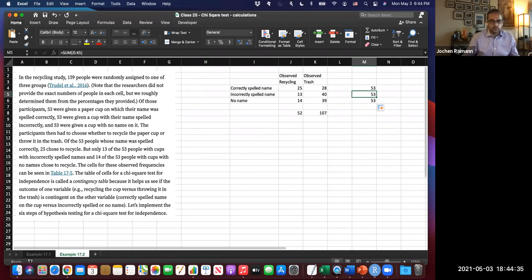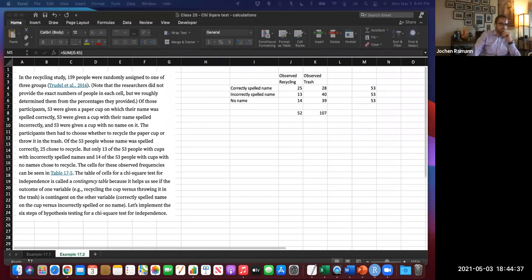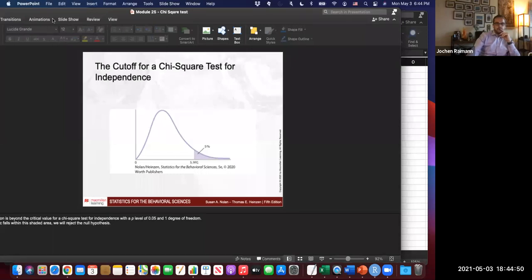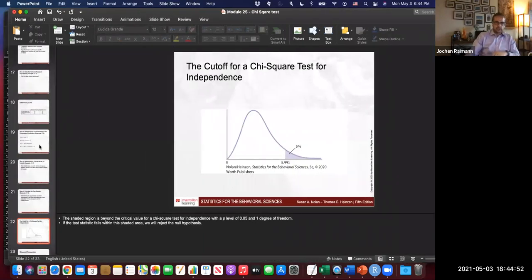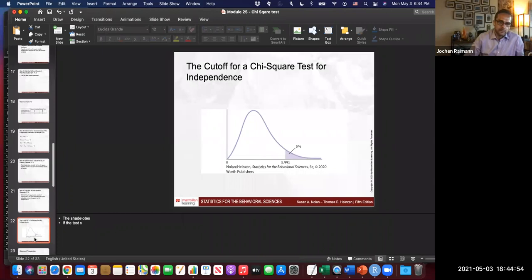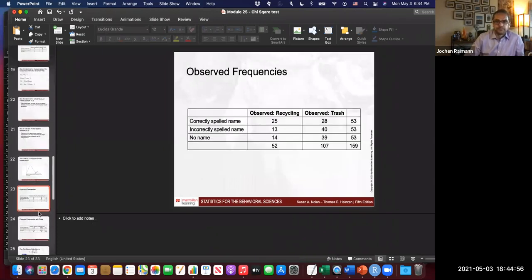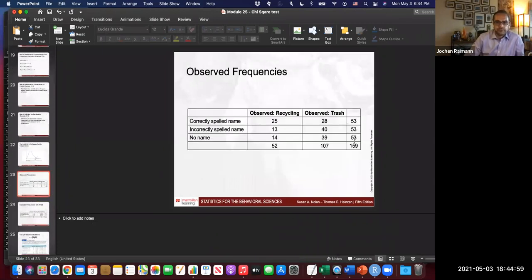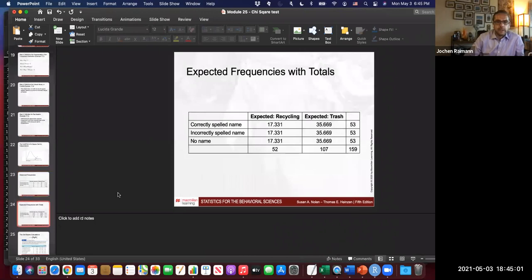We need to determine now what is expected and how we're going to expect this. If we were to determine what is expected for the first group, with 53, 53, 53, that's 159.